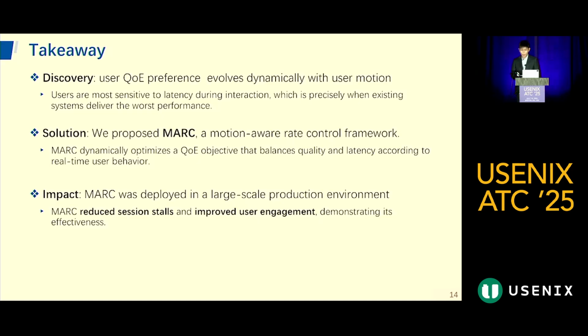So we proposed MARC, a motion-aware rate control framework. It uses behavior modeling and dynamic QoE optimization to align bitrate decisions with real-time user needs. We deployed and validated MARC in a massive production environment where it significantly reduced session stalls and measurably improved user engagement, demonstrating its real-world effectiveness.